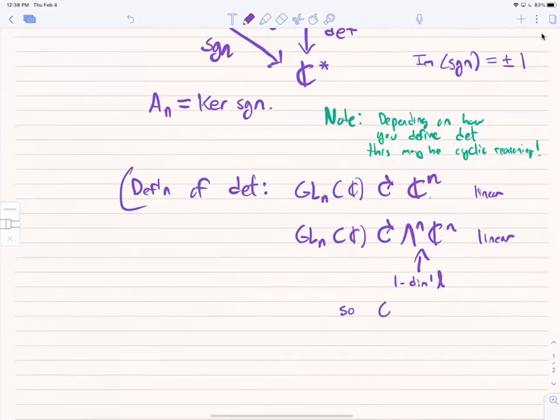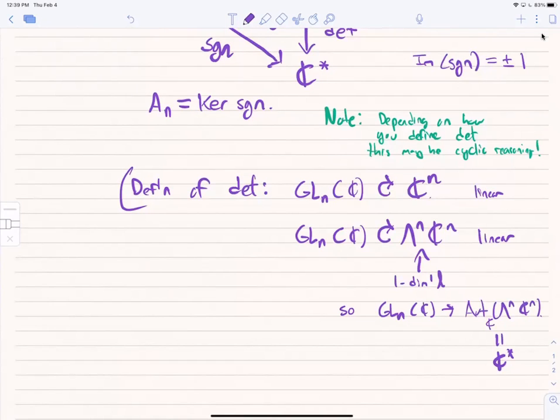So you get a map from GLn to the linear automorphisms, Aut_C, of this one-dimensional vector space. But the linear automorphisms of a one-dimensional vector space are always just C star.